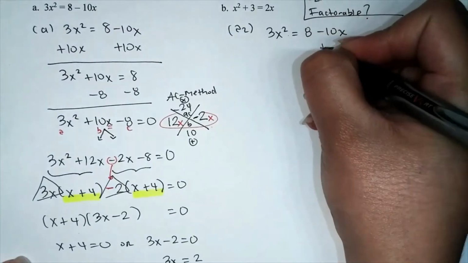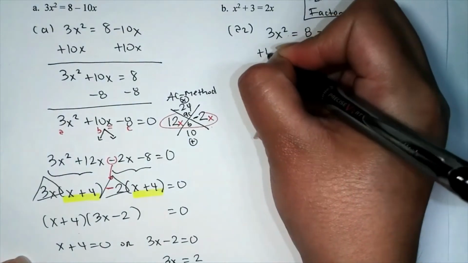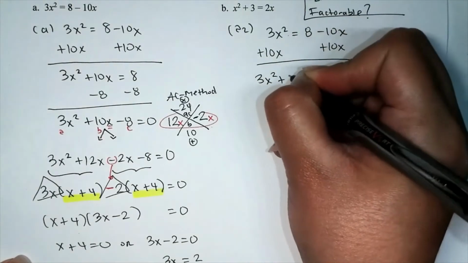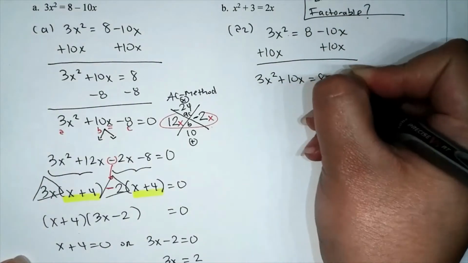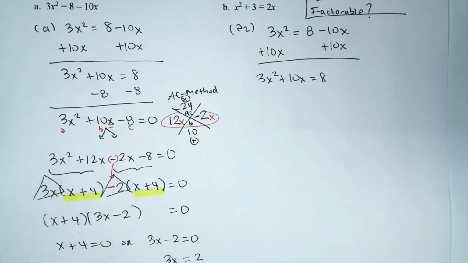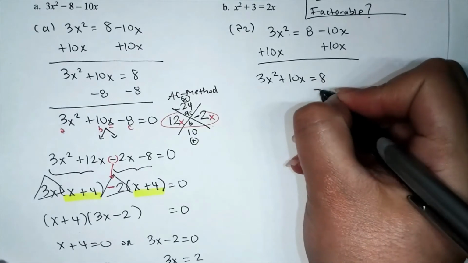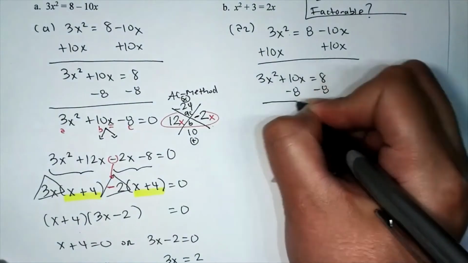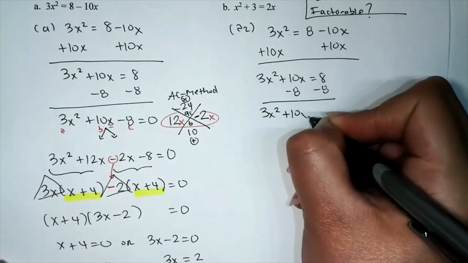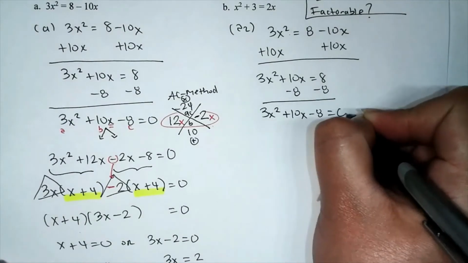So we add 10x to both sides, and in order to solve a quadratic equation by using the quadratic formula, let's go ahead and work our magic to set it equal to 0. So we will add 10x to both sides, and then we'll subtract 8, and that will give us 3x squared plus 10x minus 8 is equal to 0.